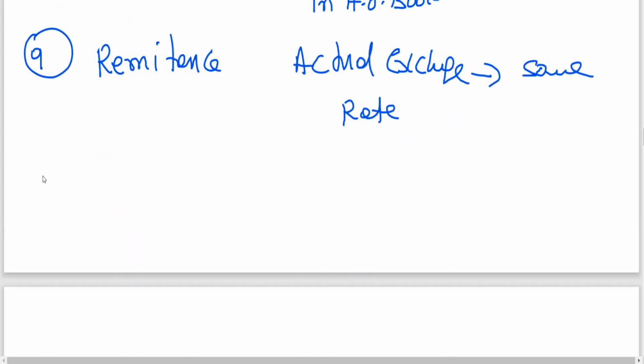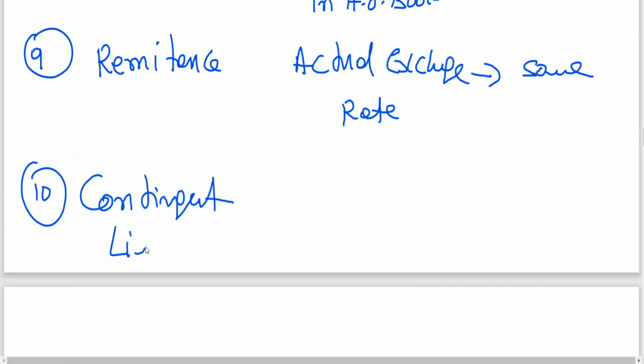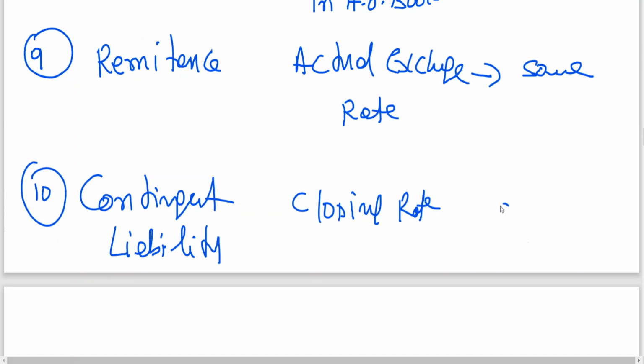Sometimes we will be having contingent liability. Contingent liability is a disclosure, I told you. This will not appear in the balance sheet. Here also closing rate.